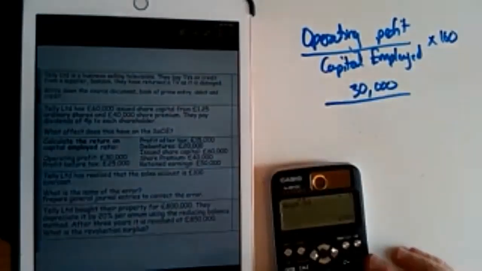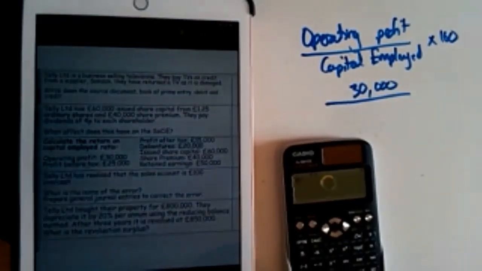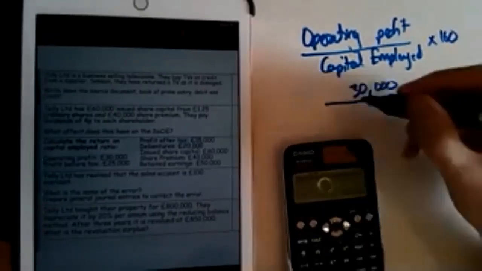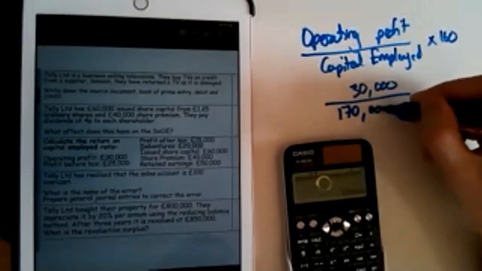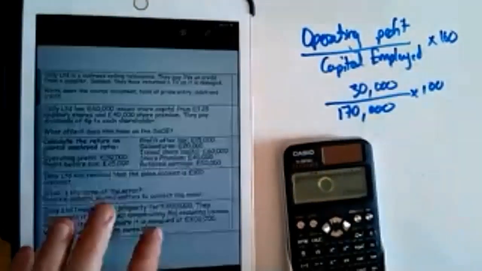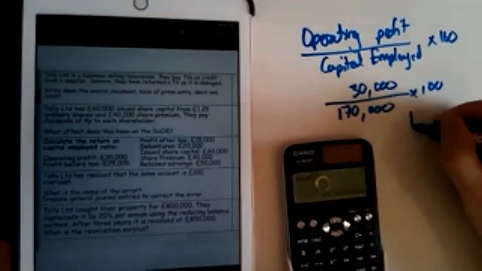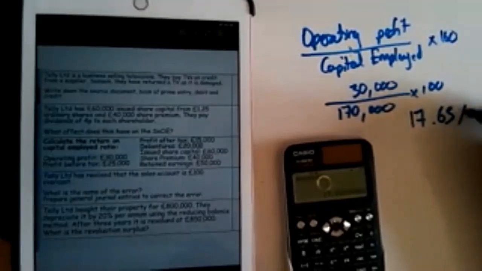So I need to add together my debentures, that's a non-current liability, plus my issued share capital, that's equity, plus my share premium, because that's equity, plus my retained earnings, that's equity. You get 170,000, times by 100, and 2 decimal places, so 17.65%.